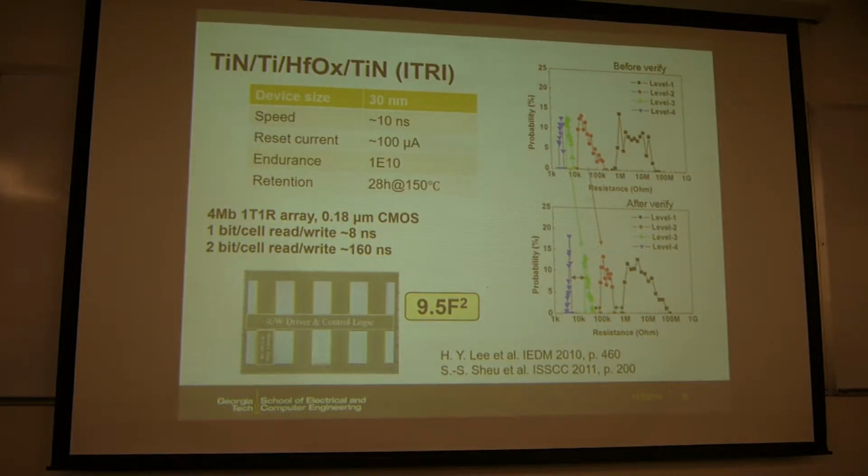If it does not meet your target, then you have to reprogram it. So by doing this verify, you can make the gap between the levels, and then you can achieve 4 levels, 2 bits per cell, but you have to sacrifice the speed down to 160 nanoseconds. So in this design, the cell size is about 9.5 F squared.